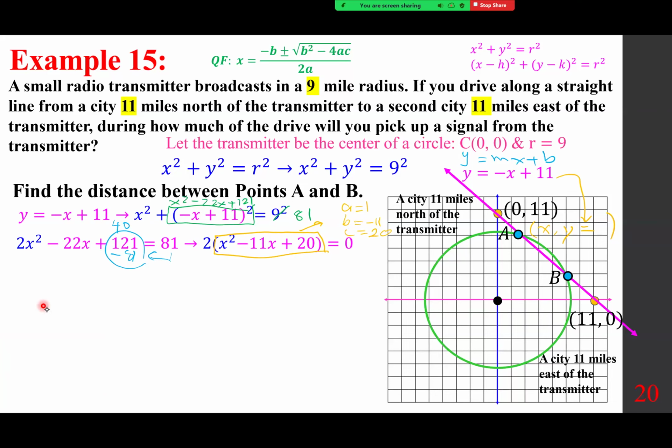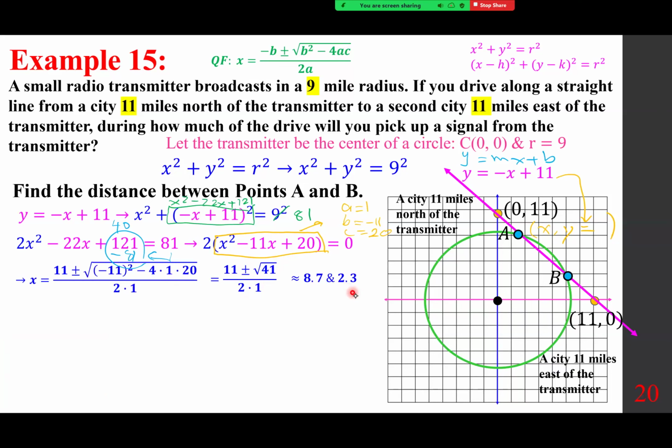It's pretty straightforward, so put it into the quadratic formula and do the math. This is 121, this is 80. Subtract and you get 41. You get 11 plus or minus the square root of 41, divided by 2. If you put this into a calculator, you get roughly 8.7 and 2.3.